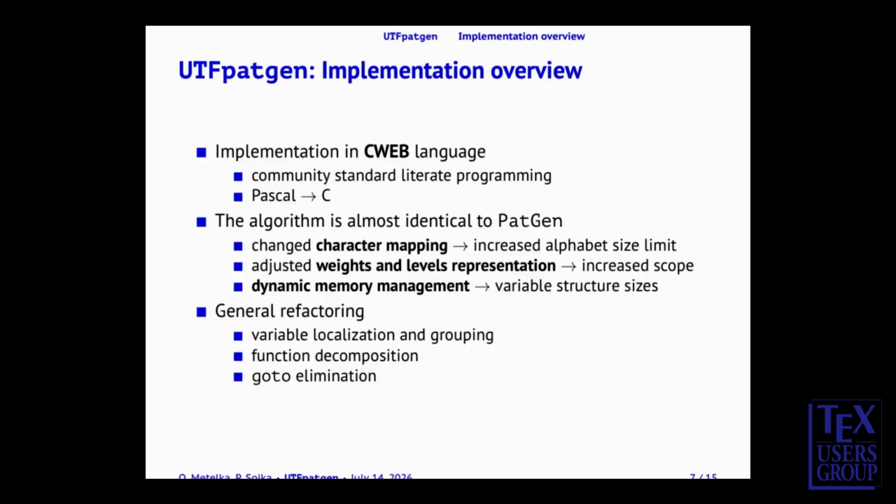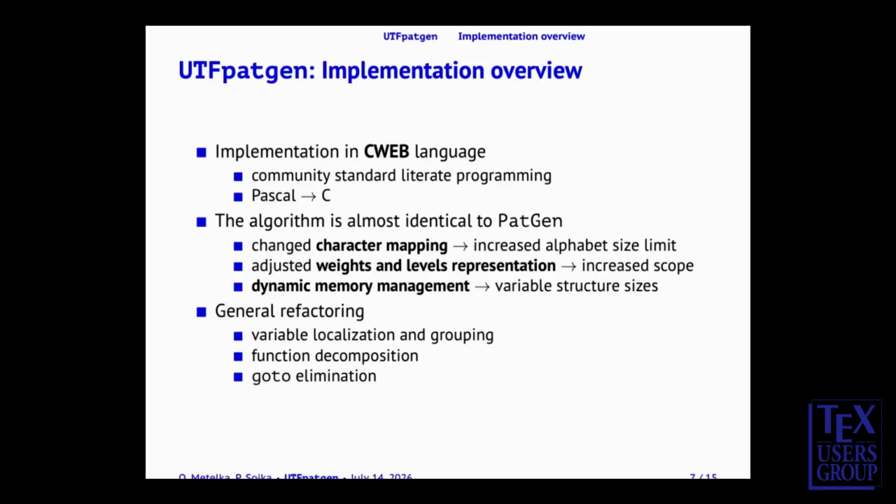We managed to implement the algorithm almost identically to PatGen with just 3 exceptions. Firstly, we changed the character mapping so that the alphabet size is increased. Then we adjusted the weights and levels representation so that the scope of these parameters is increased as well.